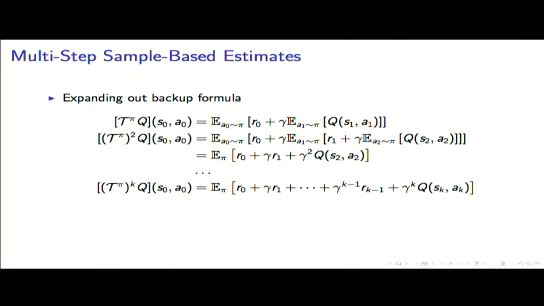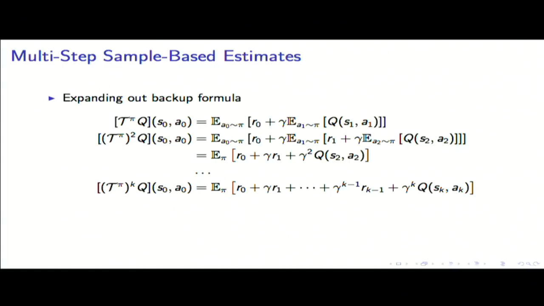Same thing, we can also approximate the k times iterated backup operator. So if we just write down, okay, this is the formula we've seen many times. This is the definition of the Bellman backup. So we can also just take Q on the right-hand side and substitute in T pi applied to Q. So we want to see what happens when you apply T pi twice.